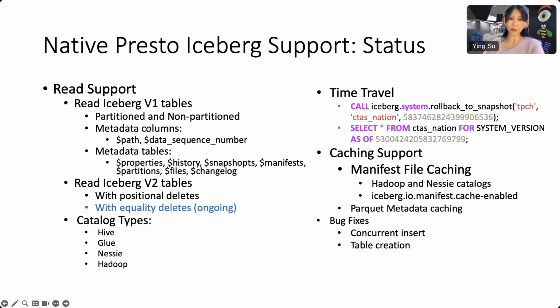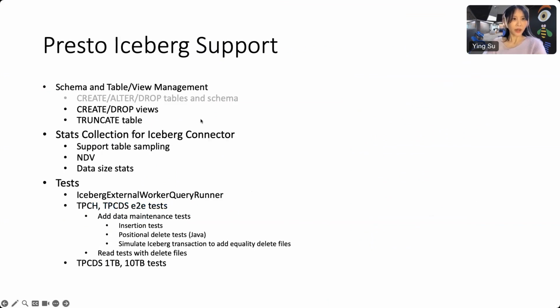And in addition, we made a bunch of bug fixes on the existing Iceberg connector. And on the table management side, in addition to the already existing create table, create schema, drop table, and drop schema support, we now support create and drop views and truncate table.